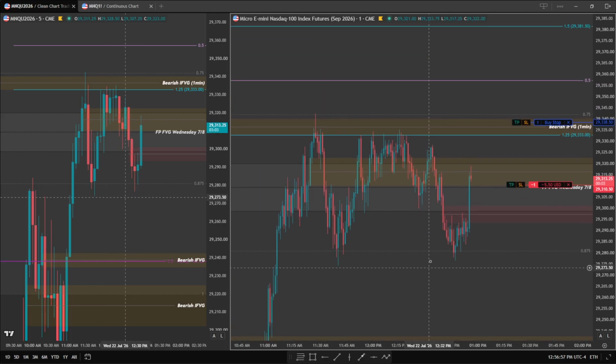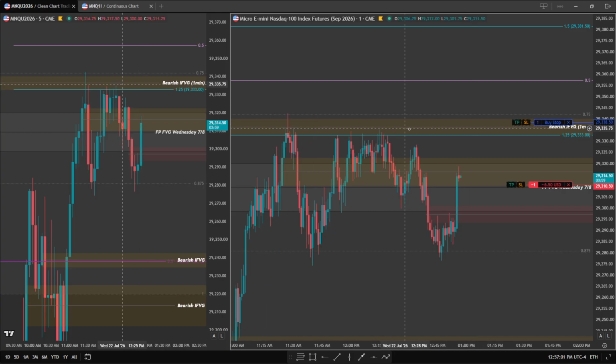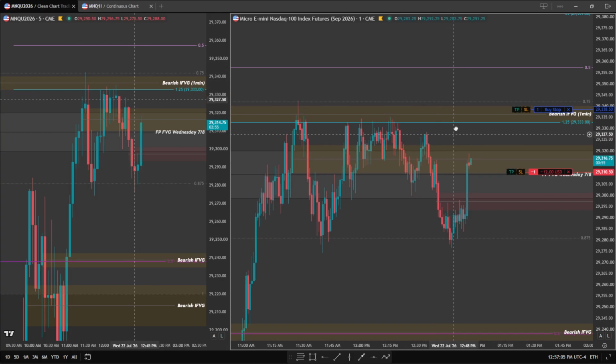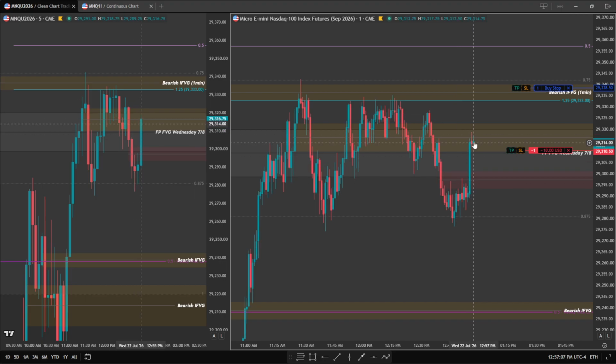So I'll look for something up here. Hopefully it doesn't do that and it leaves these intact. And this is a Judas trapping retail, buying a double bottom and trying to get into the low of this bull flag.